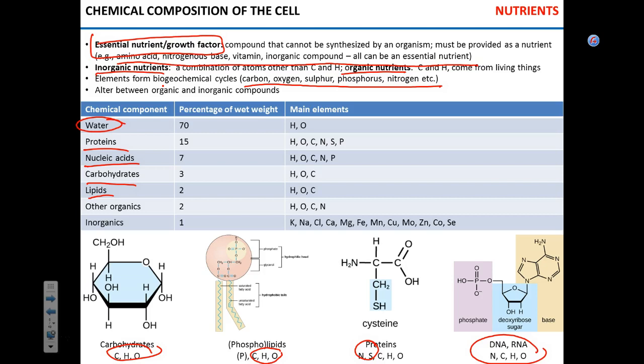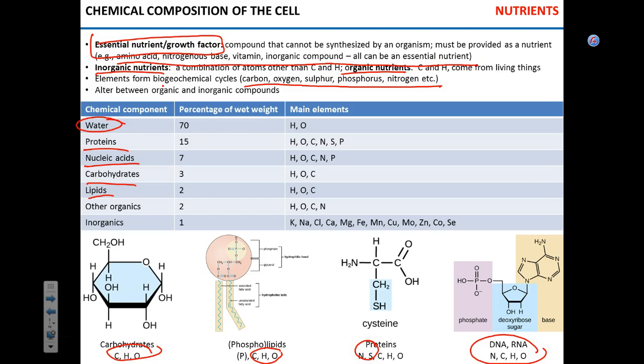Carbon dioxide, is that an organic or inorganic molecule? Inorganic, very good. It's an inorganic molecule, but when it goes through the Calvin-Benson cycle and photosynthesis, inorganic carbon is incorporated into organic compounds. It becomes organic. Does that make sense?